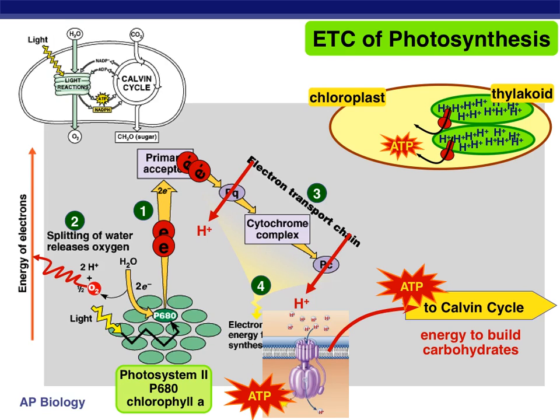Any ATP that we make at this stage, in the light reaction, we are going to send to the Calvin cycle to be used to make carbohydrates. So the point of your light reaction is to generate ATP for the Calvin cycle. We're also going to generate some electron acceptor, NADPH, for the Calvin cycle as well.